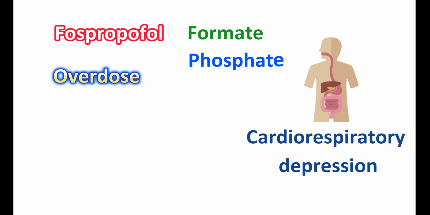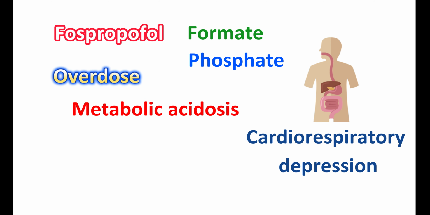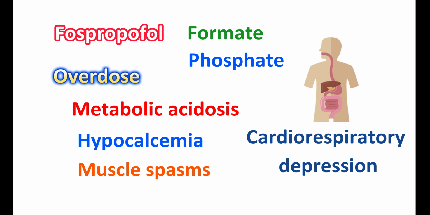Formate and phosphate are the two metabolites of Fospropofol that may lead to toxicity in overdoses. This may lead to metabolic acidosis, hypocalcemia, muscle spasms, and even seizures. Therefore, in case of toxicity, Fospropofol should be immediately discontinued and manual or mechanical ventilation should be arranged.